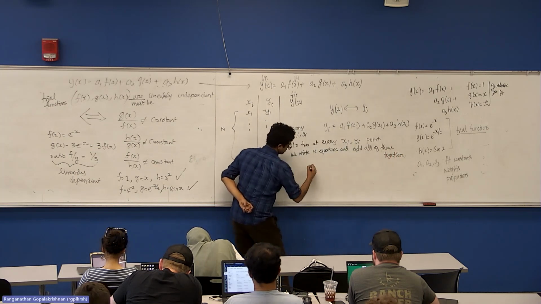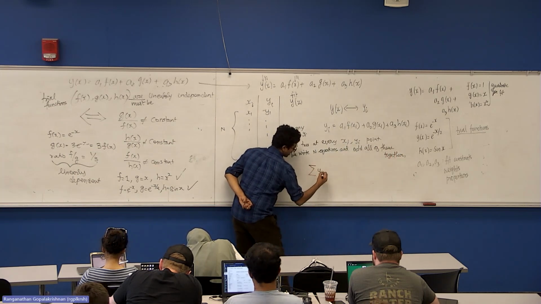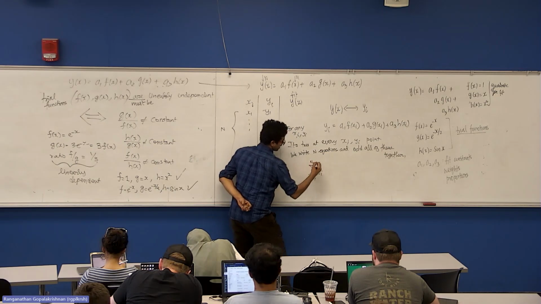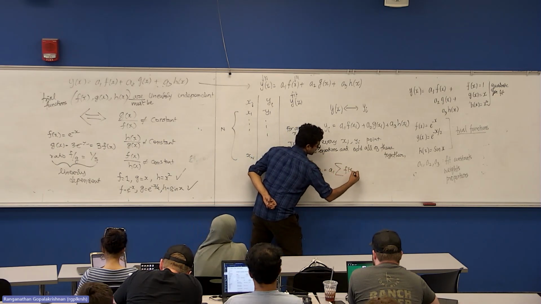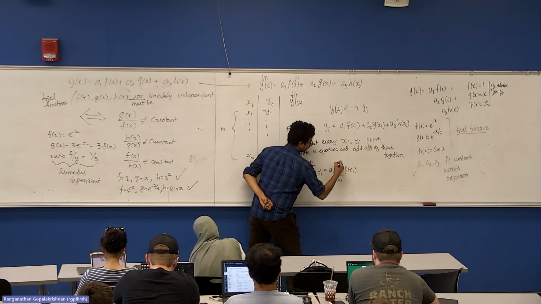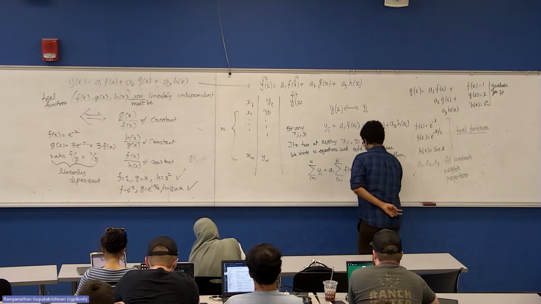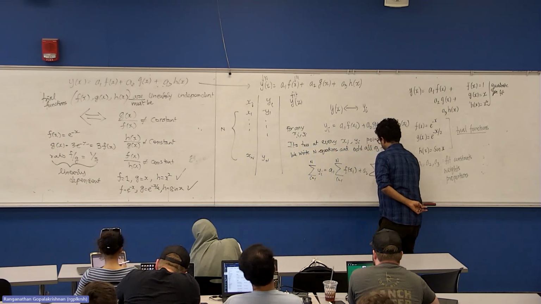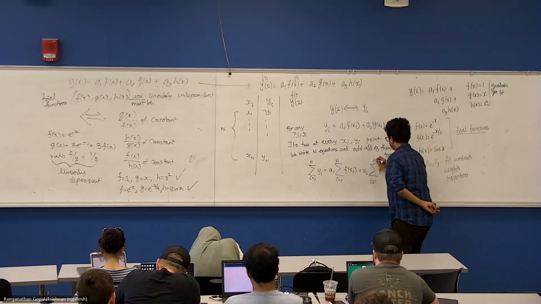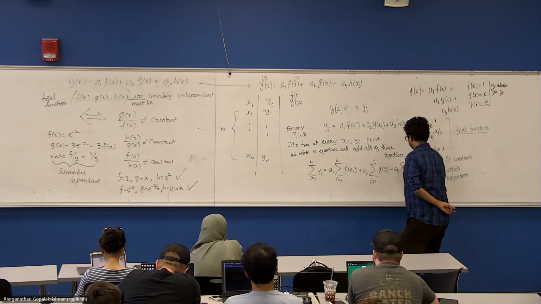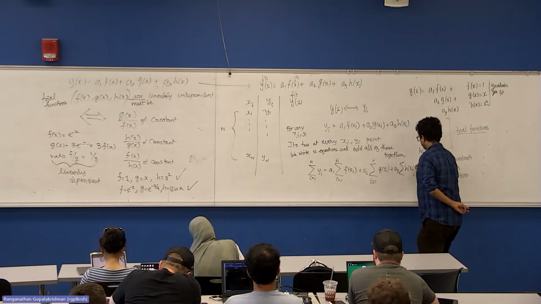So we get sigma yi, where i runs from 1 to n, equal to a1 sigma f of xi, where i runs from 1 to n, plus a2 sigma g of xi plus a3 sigma h of xi.